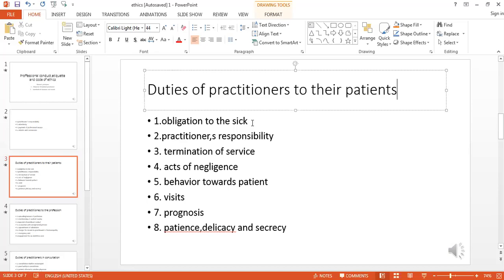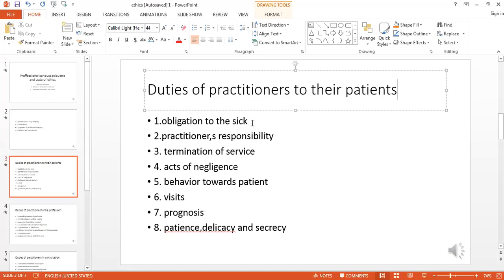At that time you refer that patient to the allopathic physician, and afterward you can give your medicine. But these are only exceptional cases of emergency. After that, you should be very confident that you will treat that sick person. So this is your obligation to treat the sick person except in certain emergencies.